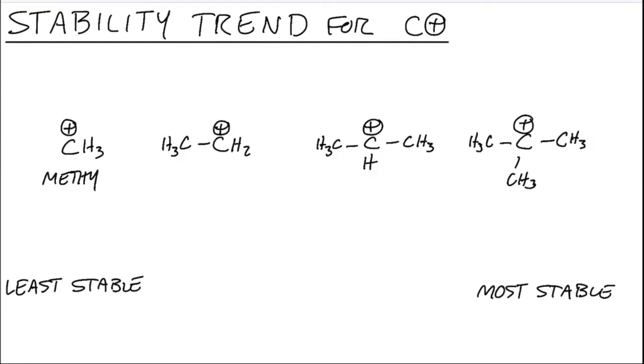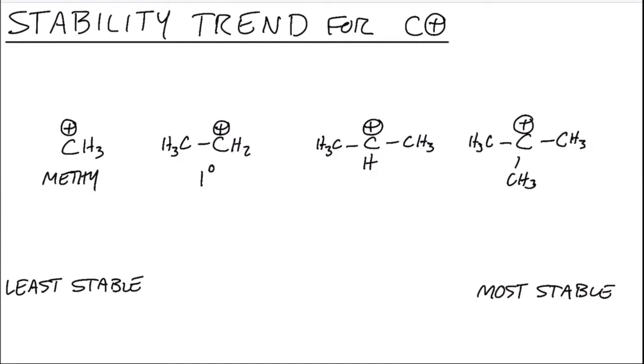But if we think about how many sources of hyperconjugation, how many neighbors are here to support this carbocation, we would see that it's 1. So we think about calling this a 1 prime, or primary carbocation, because this carbon that we're looking at, the one that has the charge on it, only has 1 neighbor. So this is a primary carbon and a primary carbocation.